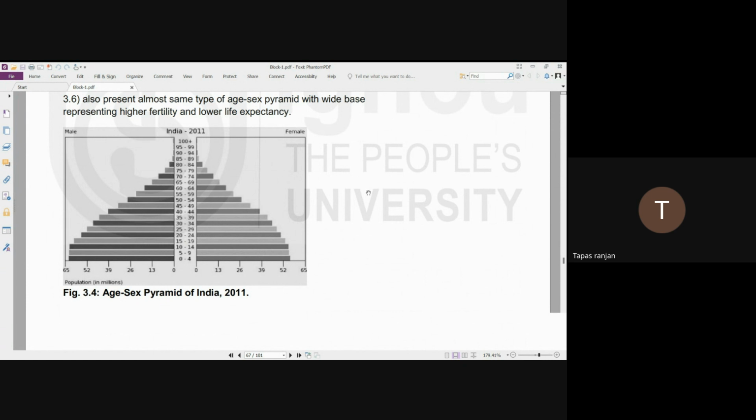Their mid-age population is very high now because the birth rate has been controlled. And here in India, the natural growth rate, although different initiatives have been taken by the government of India to make people aware about overpopulation, about how resources are limited, and that overpopulation will create different types of problems.